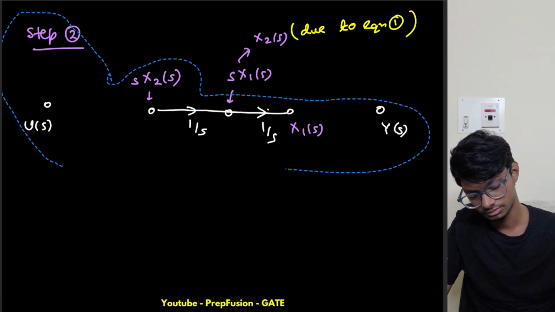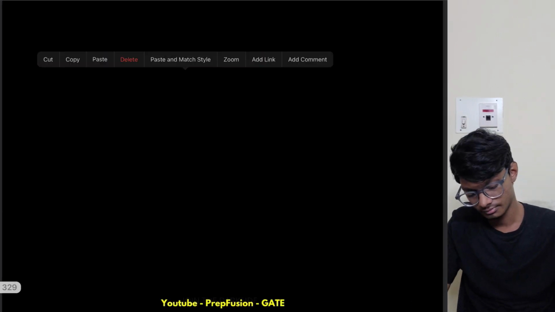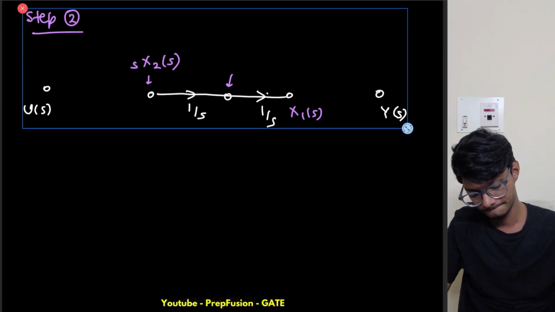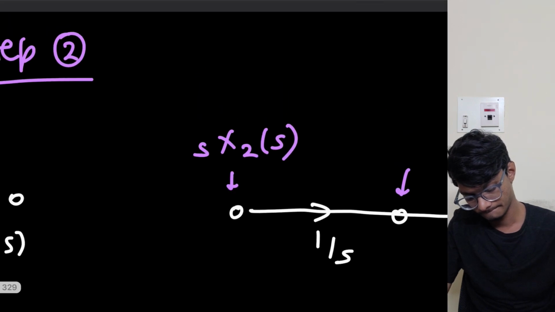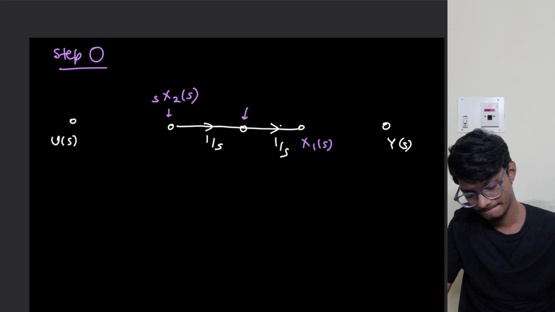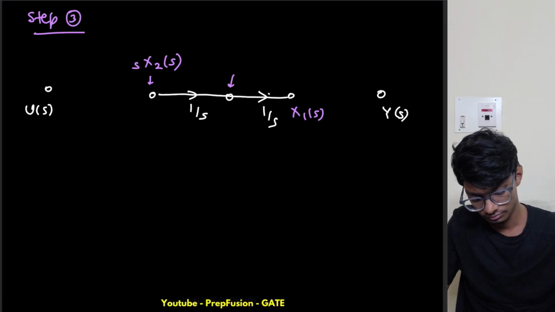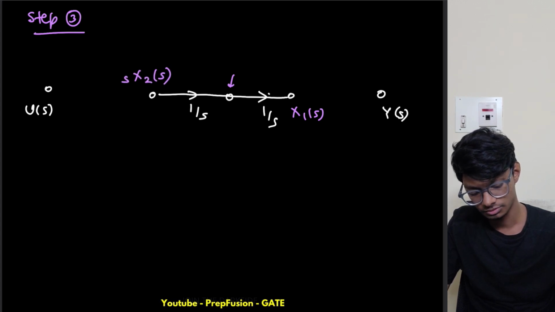I'll copy this again. So this is sx2 and this is x2 of s, right? And this is x1 of s.